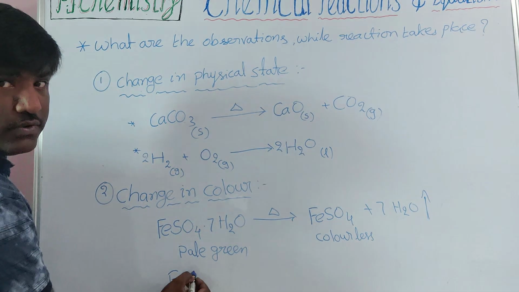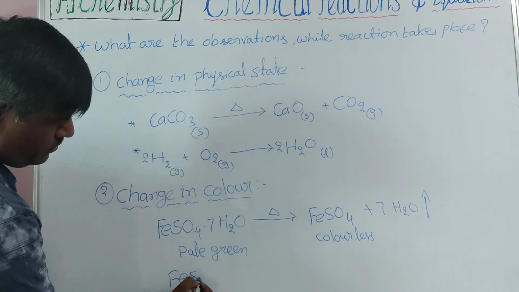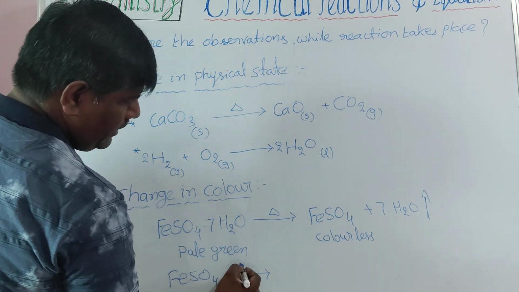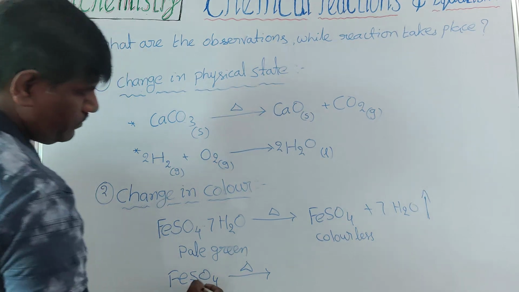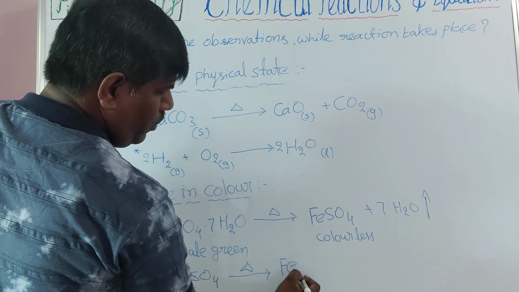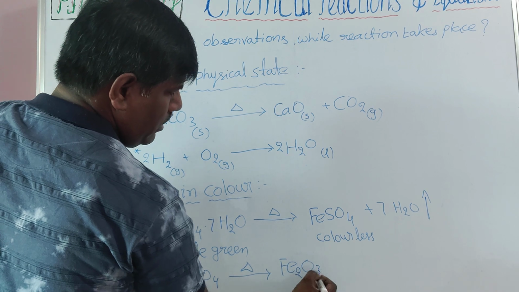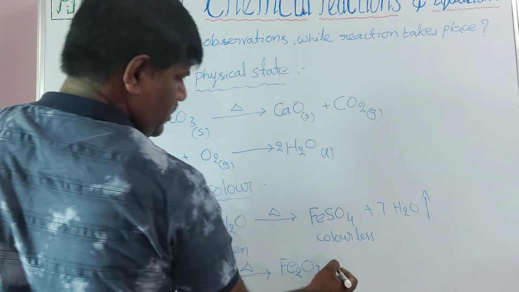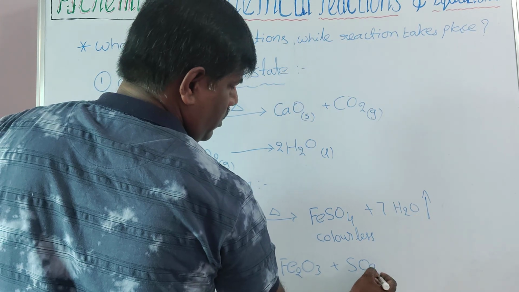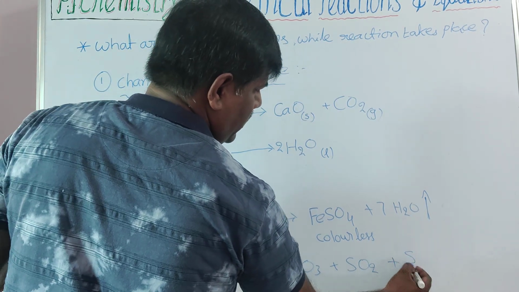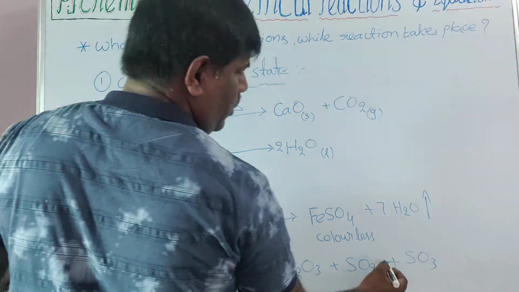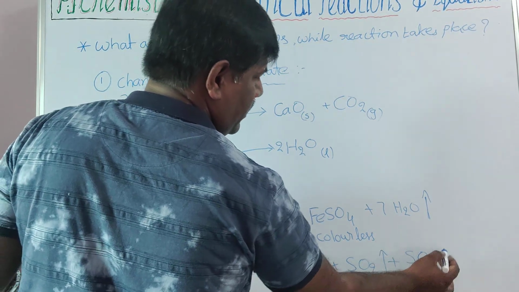This FeSO4 further decomposes, and it becomes Fe2O3, like rust, plus SO2 and SO3, sulfur dioxide and sulfur trioxide, two gases liberated here.